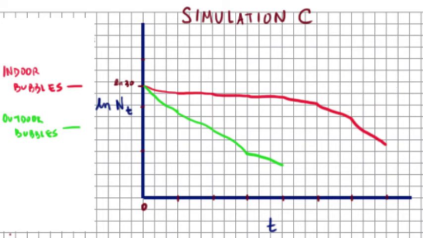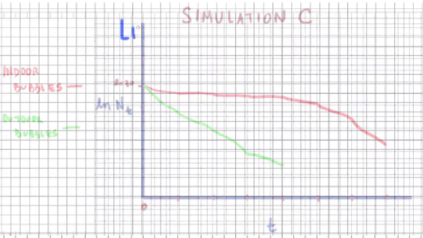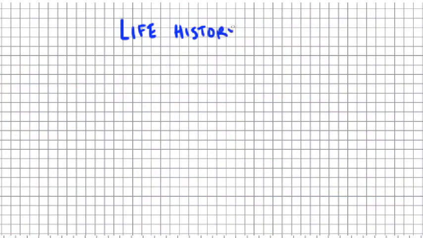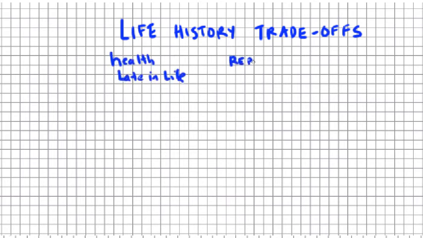Now, the second explanation is a bit more involved, and it introduces the concept of life history trade-offs, which is a topic that we address in lecture in the last unit of BIO202. Is it possible for fitness at two different times of life to be affected by the same gene? Specifically, is it possible for health late in life to be negatively correlated with, say, reproduction early in life?